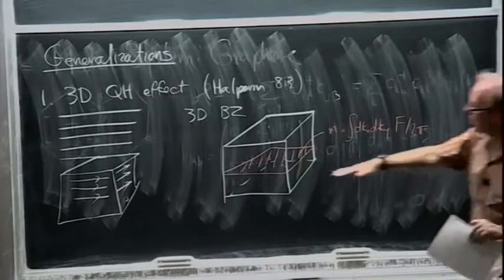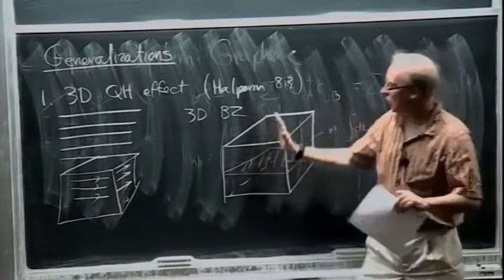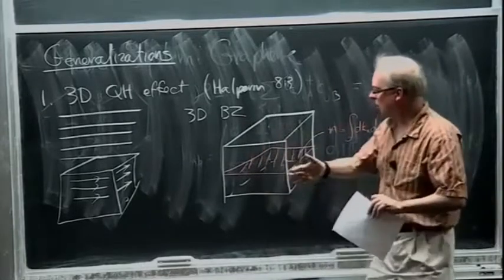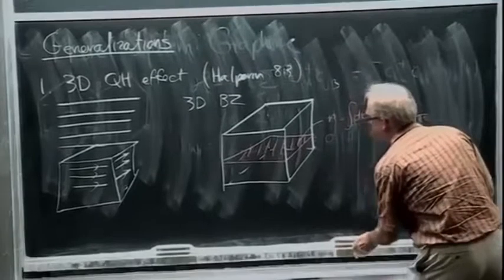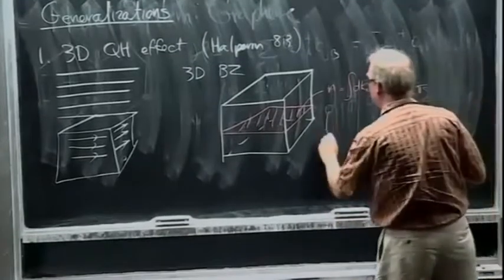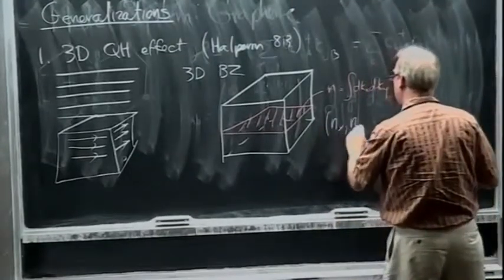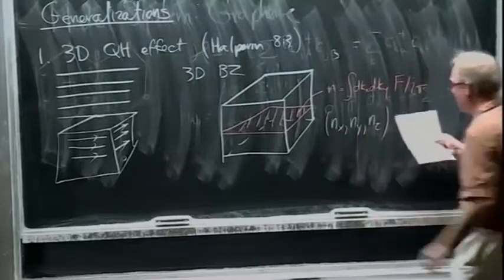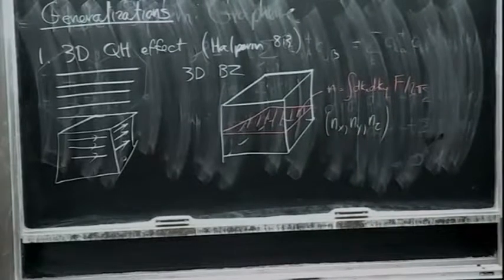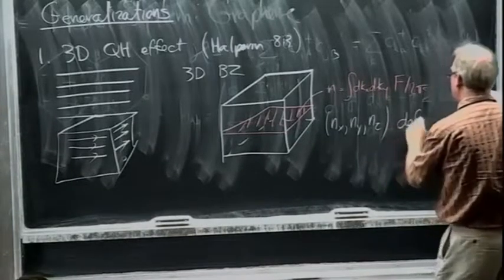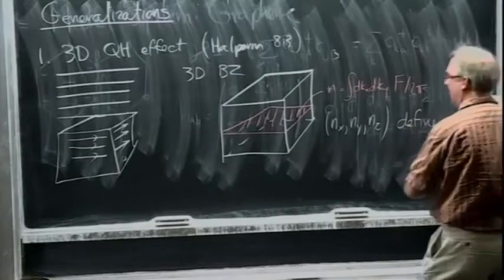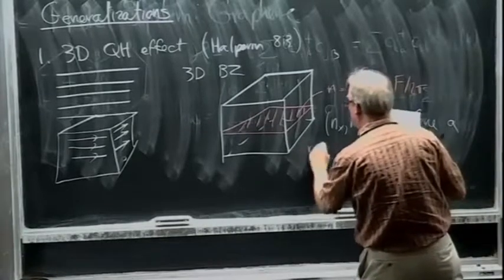So now there's a Chern number in the z direction. There's also going to be a Chern number in the x direction and a Chern number in the y direction. Okay, and so the 3 together define a triad of 3 integer topological invariants, and they can be associated with a reciprocal lattice vector.